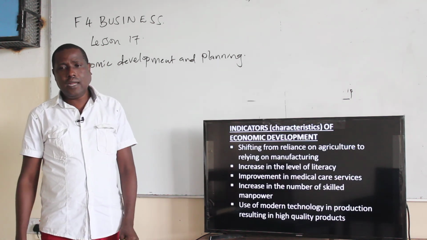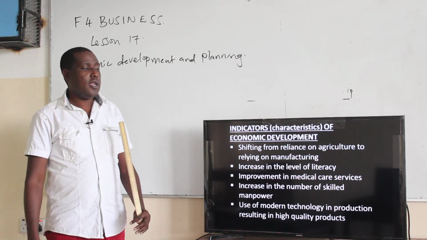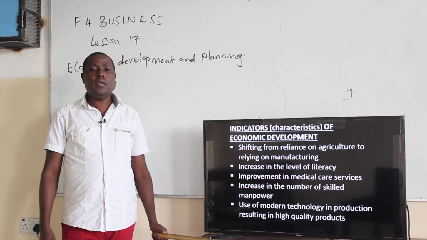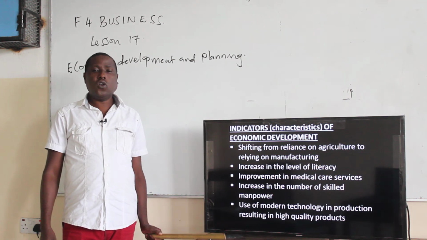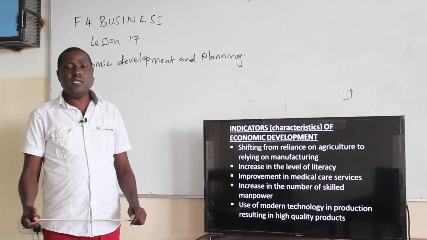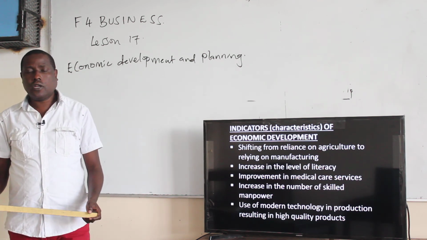Now, let's look at the indicators or the characteristics of economic development. What do you look at to say this country has economic development? One, there will be a shift from reliance on agriculture to relying on manufacturing.